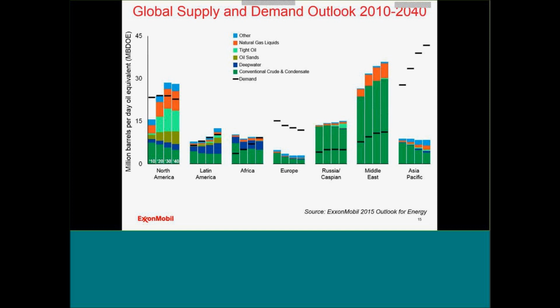Also, due largely to the growth in natural gas liquids derived from hydraulic fracturing, shown as orange bars, the U.S. becomes a net oil exporter by 2030. These general import-export trends will be important for dictating the movement of oil between regions over the foreseeable future.